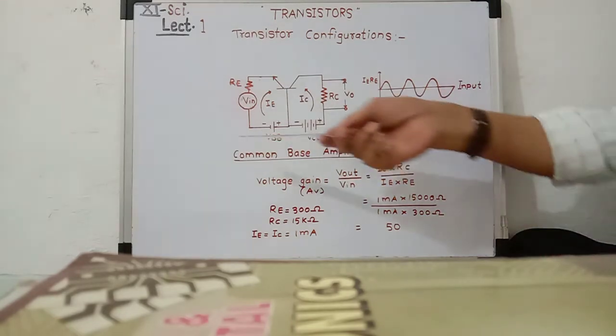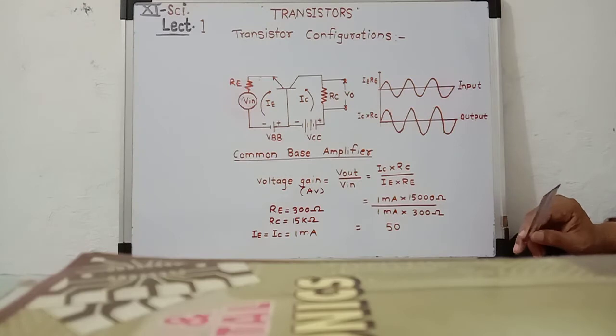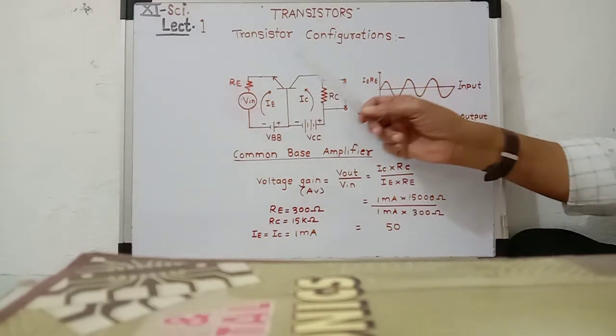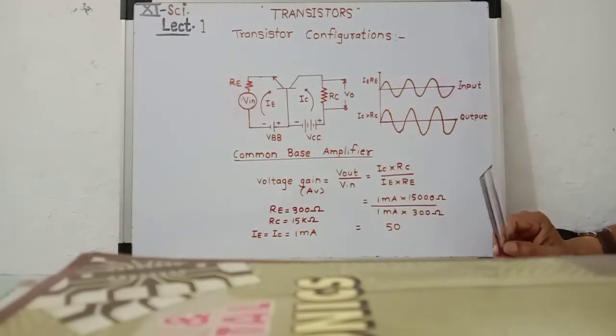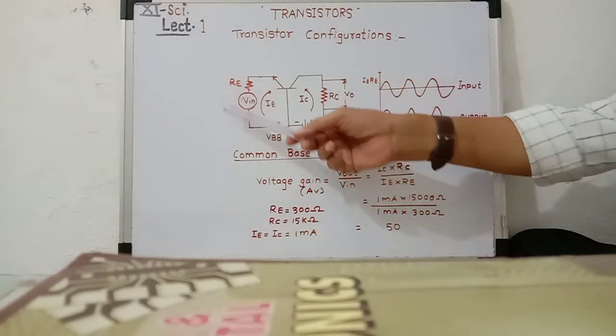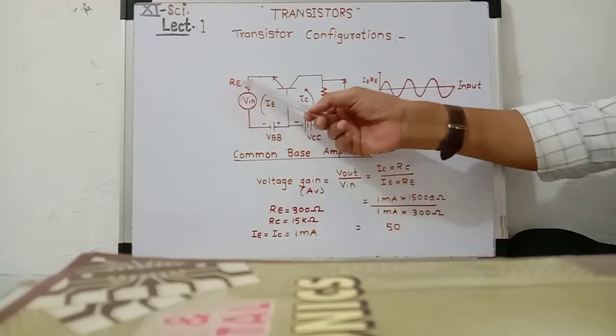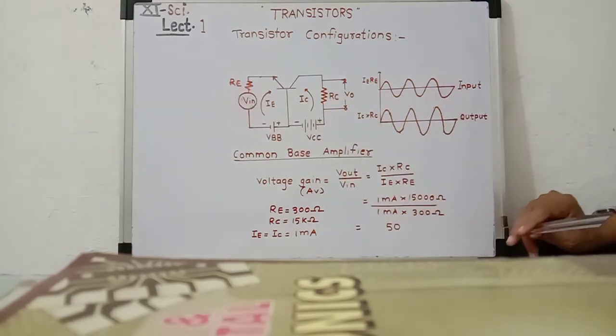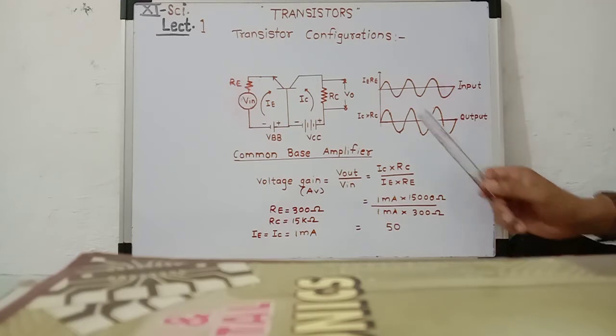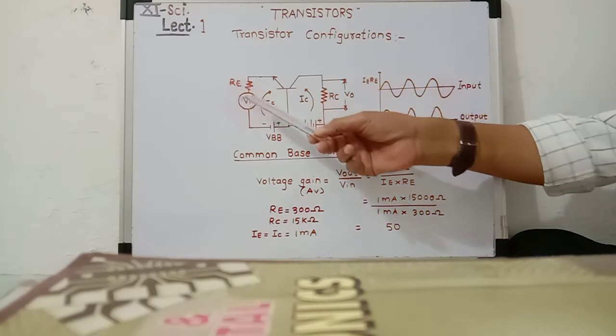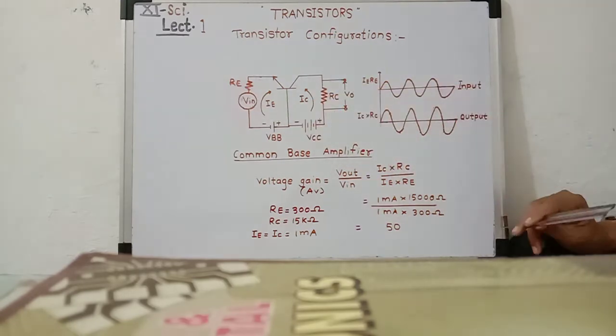But when an AC signal is applied, alpha AC is equal to delta IC upon delta IE, because there is a change in emitter current, denoted by delta IE, and so there is a change in collector current also.